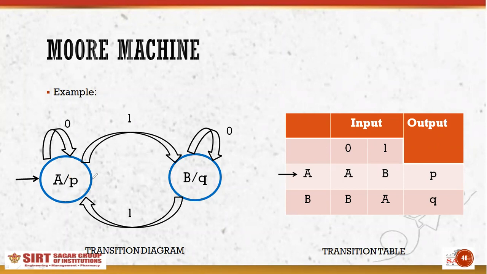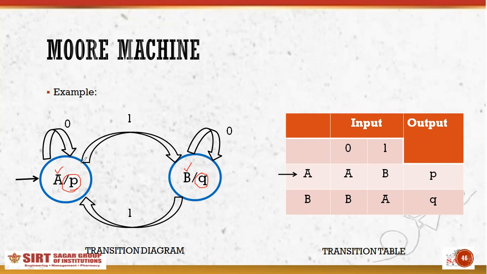Here you can see that an output alphabet, small p, is associated with state A, and small q is associated with state B. Okay. So on making 0 transition from A, we reach state A only, and we are giving output small p.